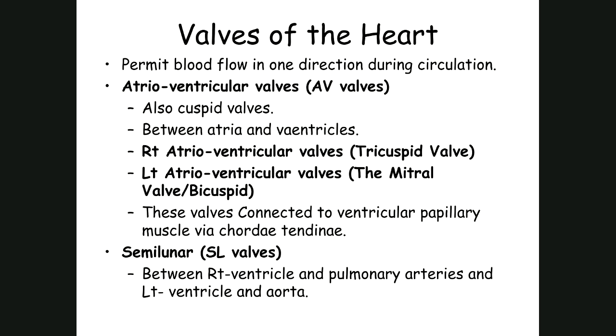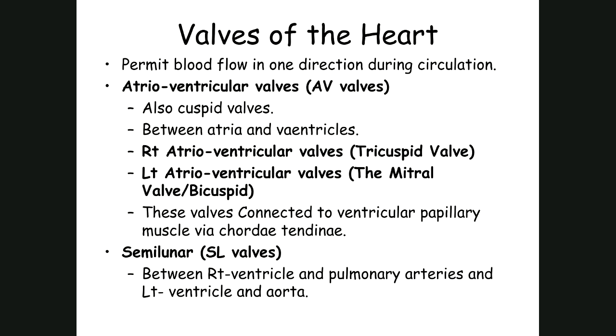Okay. So how many valves are present? What are the names of those valves? They are atrioventricular valves, also called AV valves, the valves between atria and ventricles. They are also called cuspid valves.